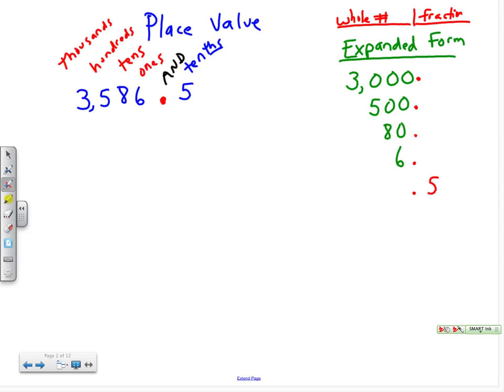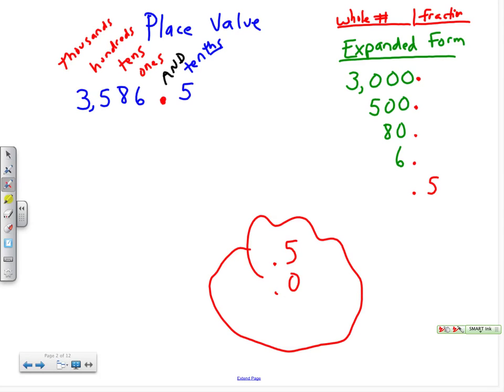And then we talked about the difference between 0.5 and 0.05. I'm just going to put that out here for you. What's the difference between 0.5 and 0.05? Well, their values are different because here we have a 0 in the tenths. Here we have a 5 in the tenths.